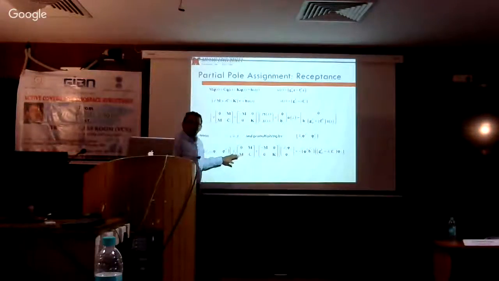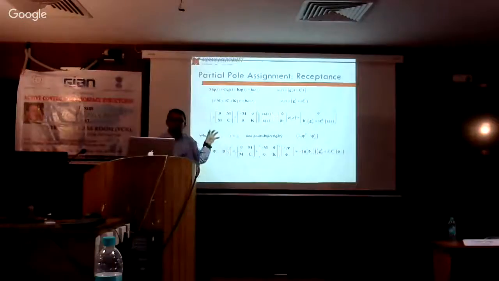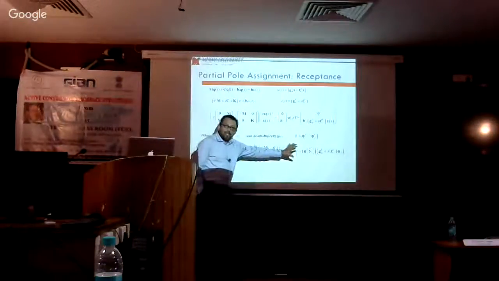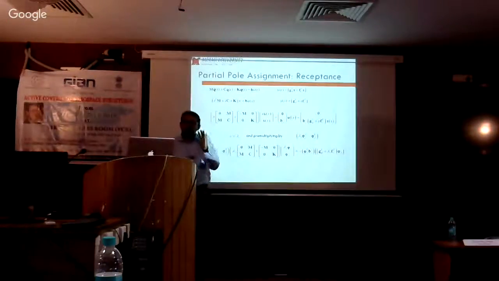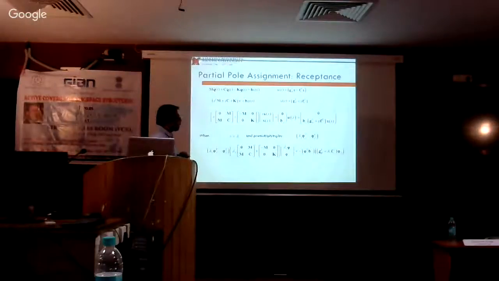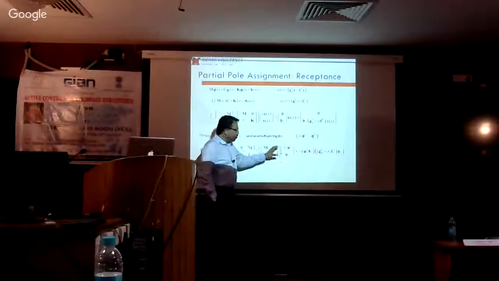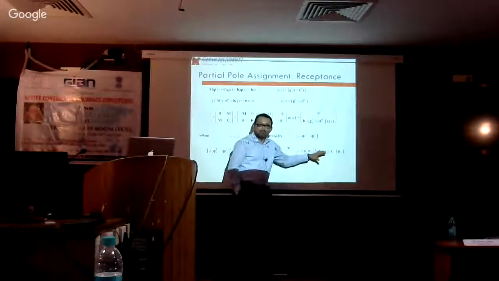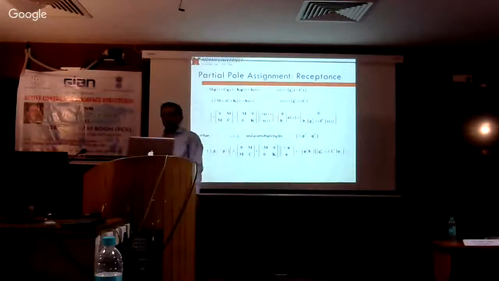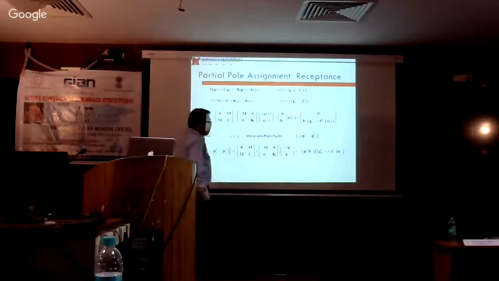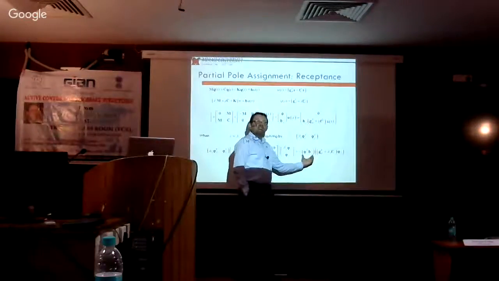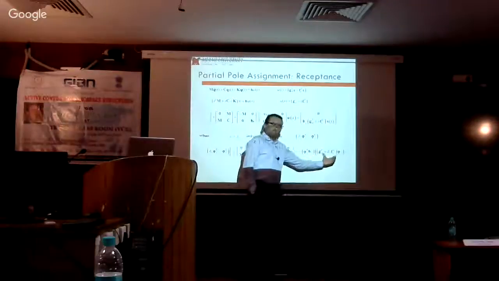If you want your control system to have the same eigenvalue, then this is the dynamics of the open loop system, and this is the participation of the closed loop dynamics. This term must go to 0. This term will go to 0 either if this term is 0 or this term is 0.